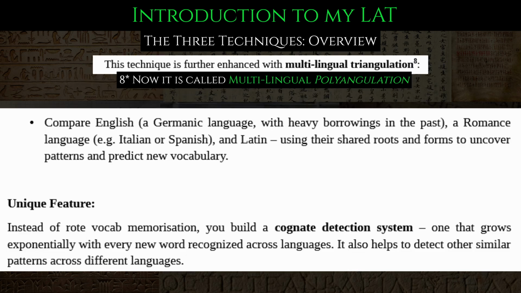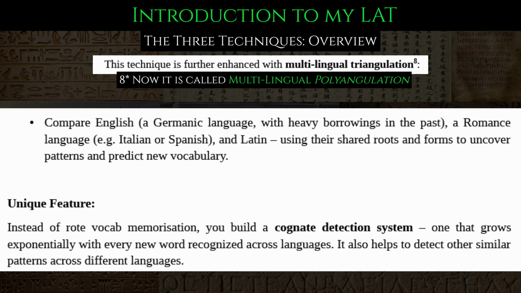And this technique is further enhanced with multilingual triangulation. So, we are comparing English, a Germanic language, with pretty heavy borrowings in the past, a Romance language, for example, Italian or Spanish, and Latin, using their shared roots and forms to kind of uncover patterns and even predict new vocabulary.